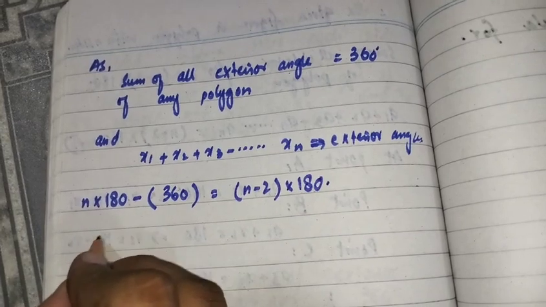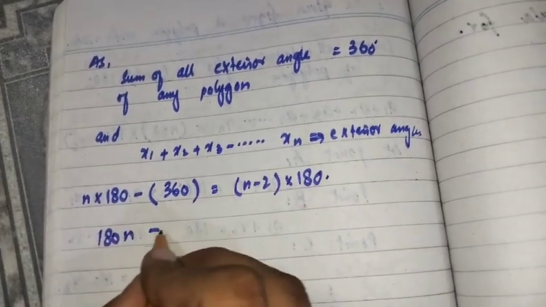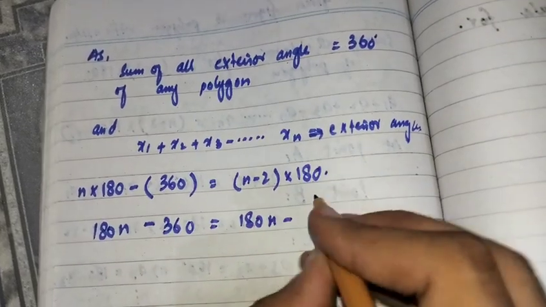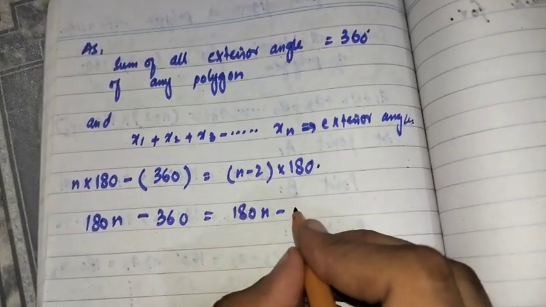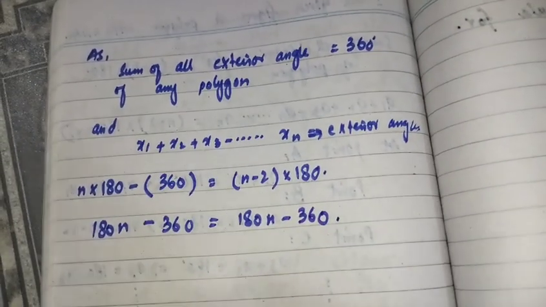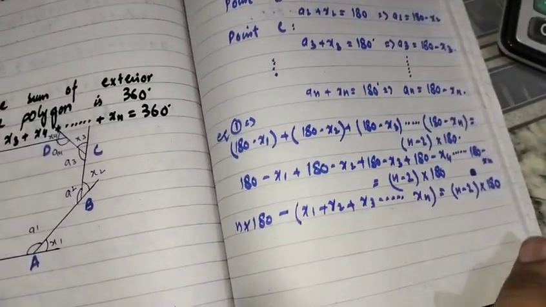This will be equal to 180n minus 360. Sorry, we have made a mistake here.